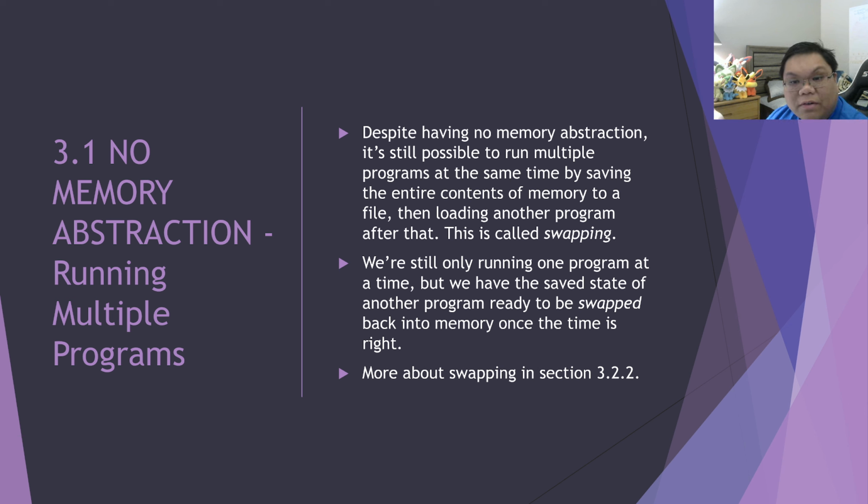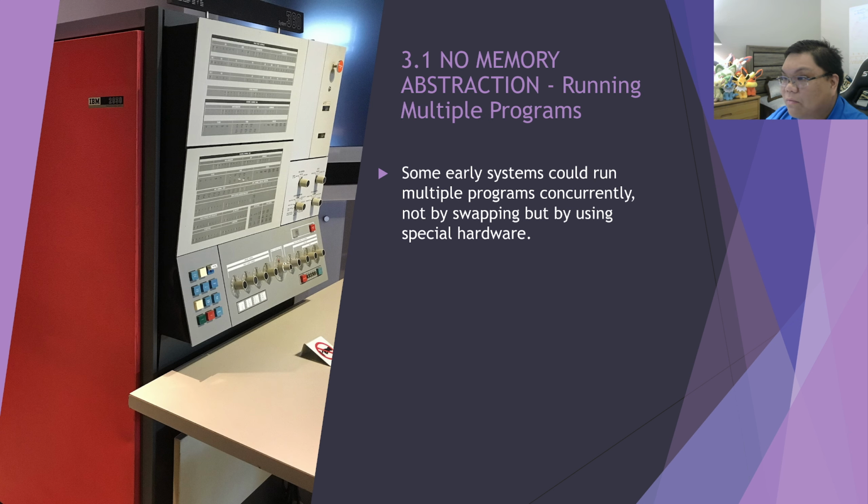Well, there were a few such systems that could, and one example is called the IBM 360. This allowed multiple programs to run at once by using specialized hardware to make sure that the memory assigned to one process is only accessed by that process.